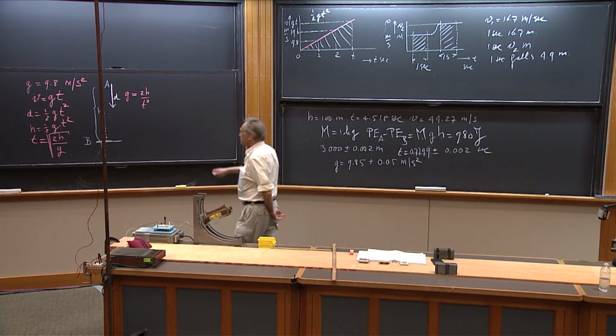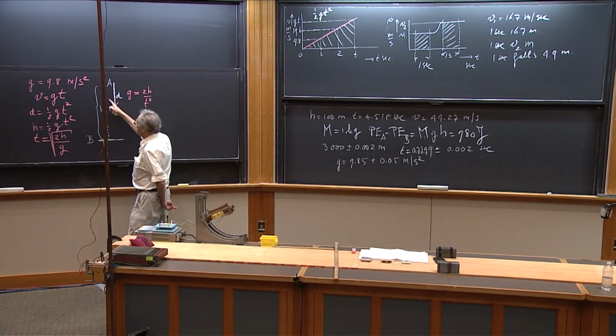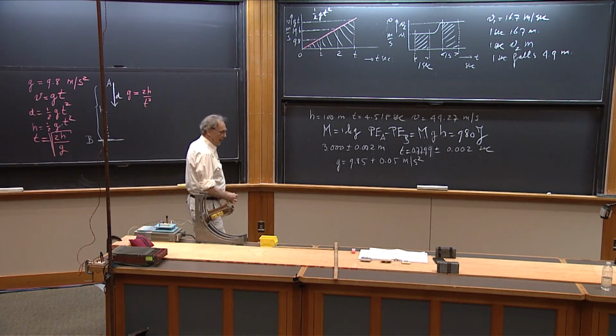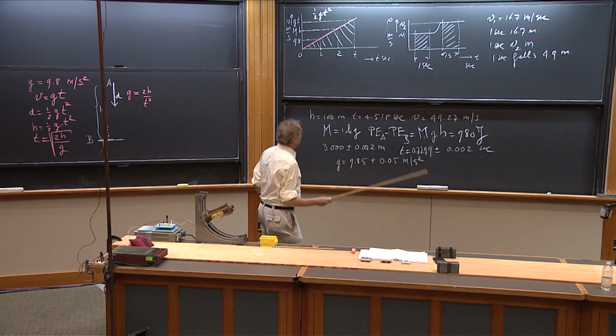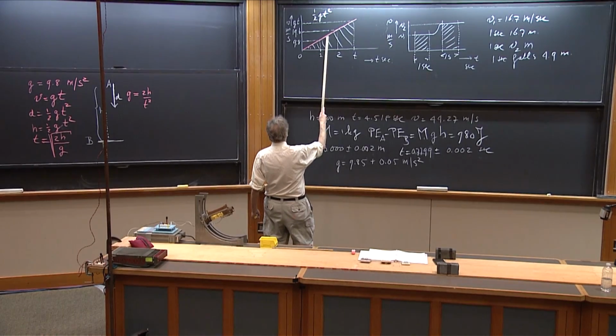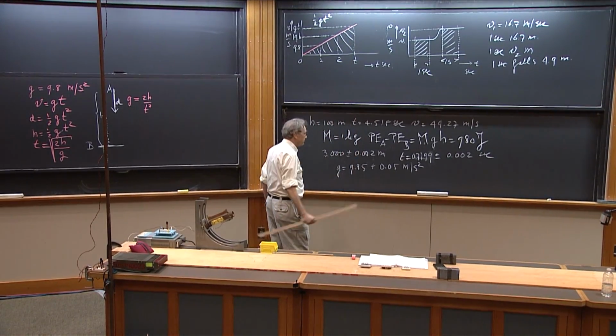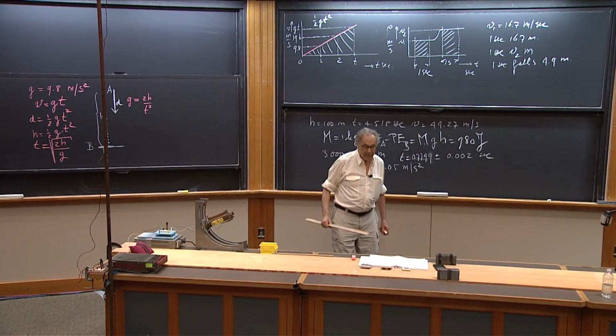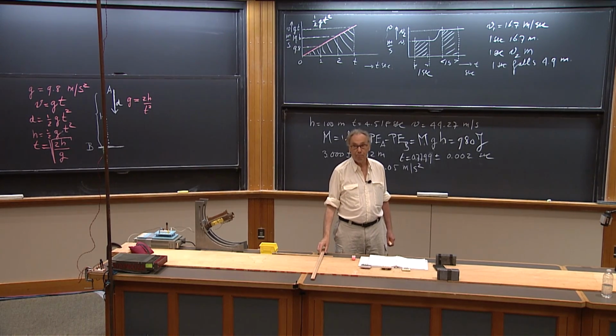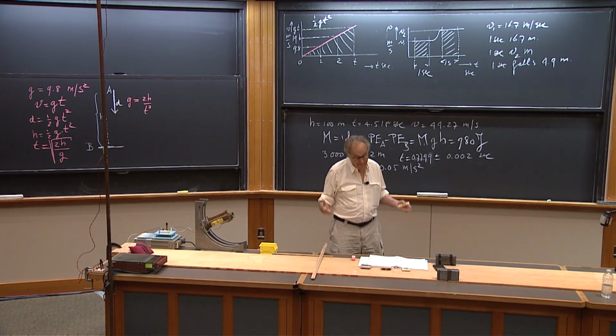As it falls, it increases in speed, goes faster and faster and faster. Here you see, goes faster and faster. And then it hits point B, and then it has a high speed.